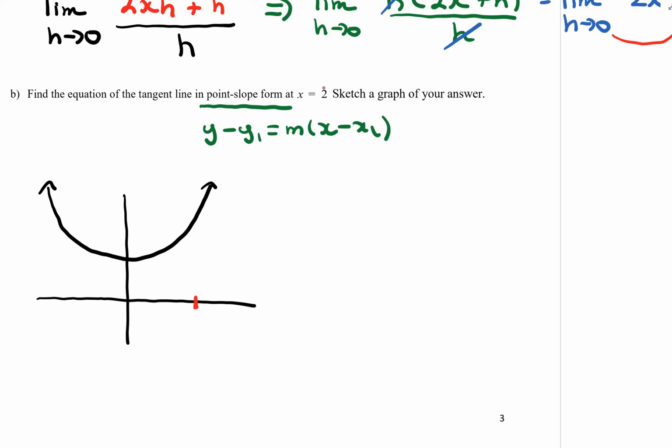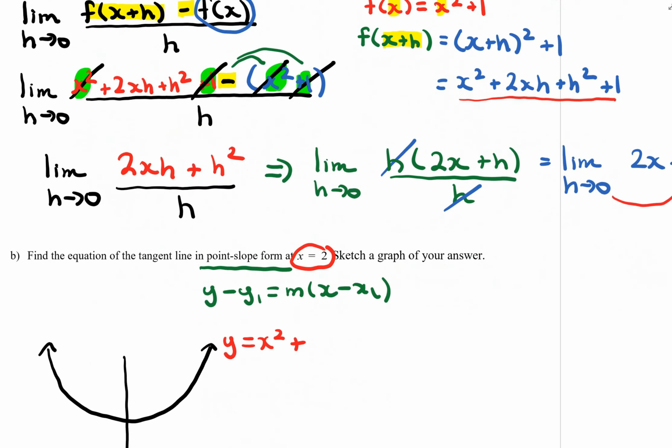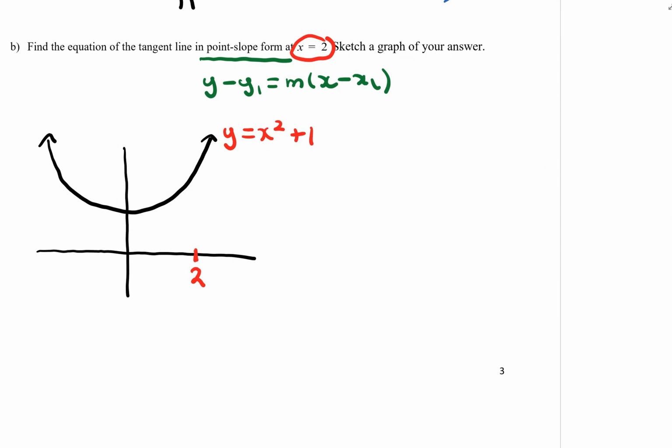So this is the value at x equals 2. And the equation of our curve was y equals x squared plus, I believe it was plus 1. Yeah, plus 1. So if I plug 2 into there, that gives you 2 squared, which is 4, plus 1, so that's going to be 5. So that was our point right there, right? Okay. Erase all that. I don't need that anymore.